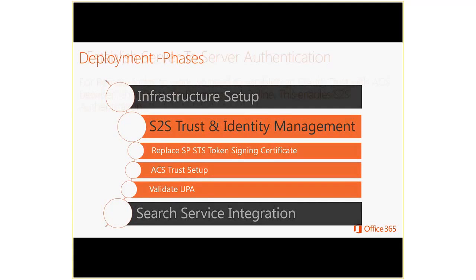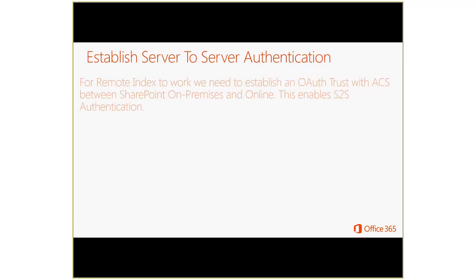Let's take a look at how to establish server-to-server authentication, and I'm going to show this in a demo using a script. The script is available on TechNet and also on my blog, if you want to try it out later.